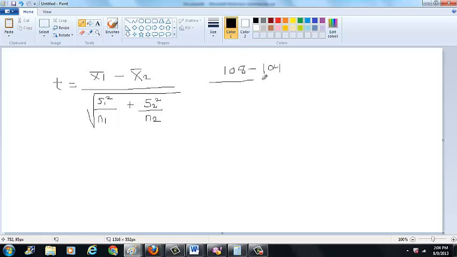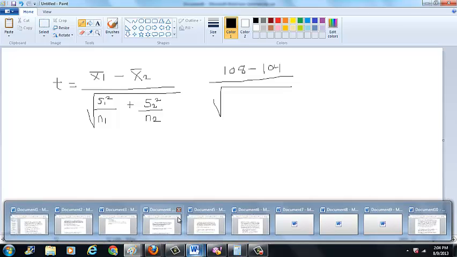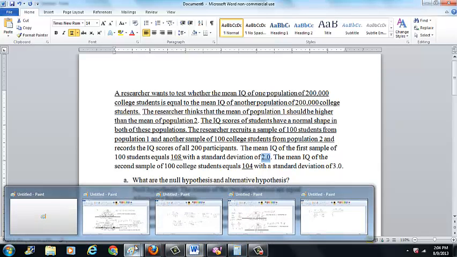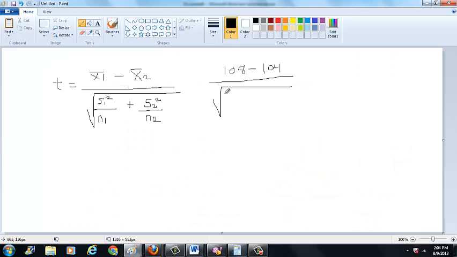On the bottom, we have S1 squared, the standard deviation of the first sample squared. The standard deviation of our first sample was 2, so it's going to be 2 squared, over N1, which is the number of people in sample 1.